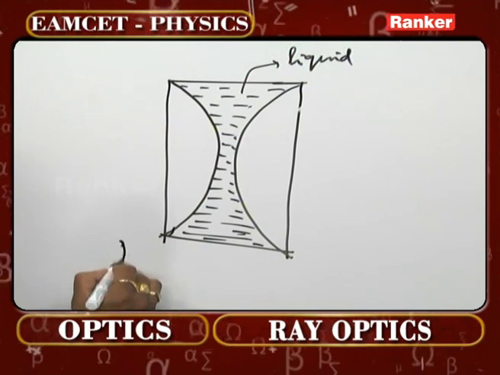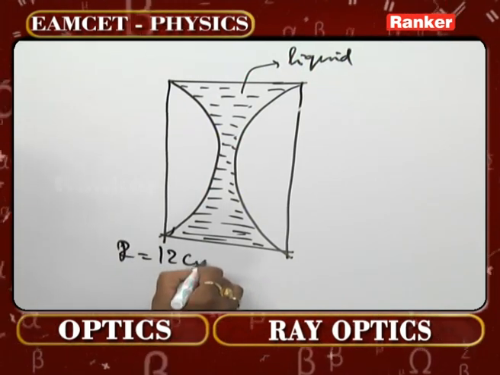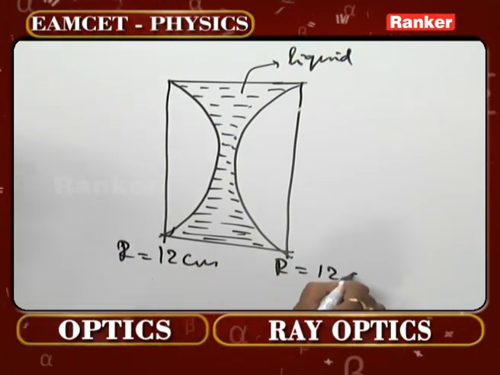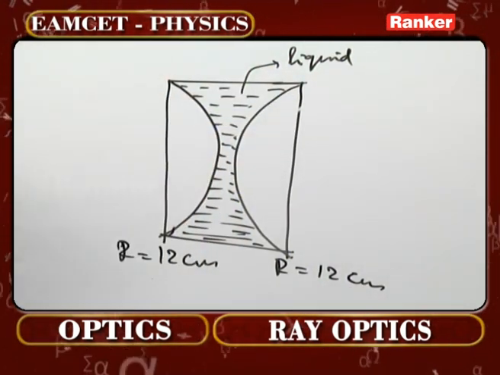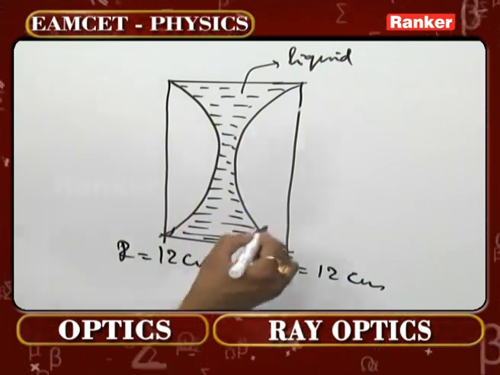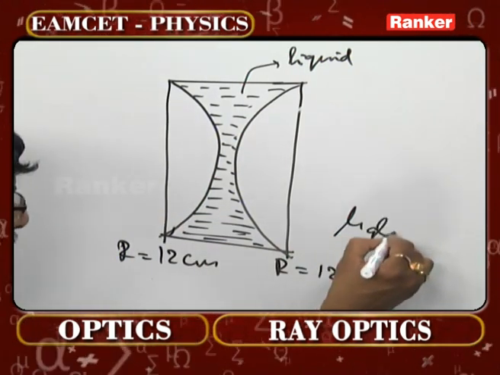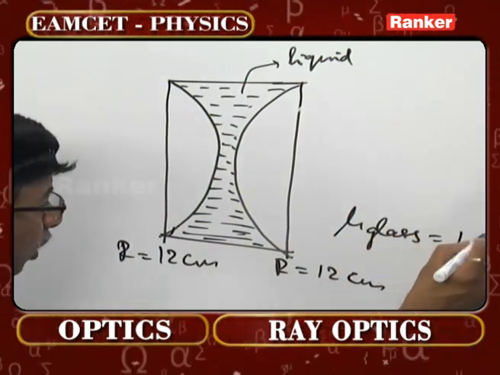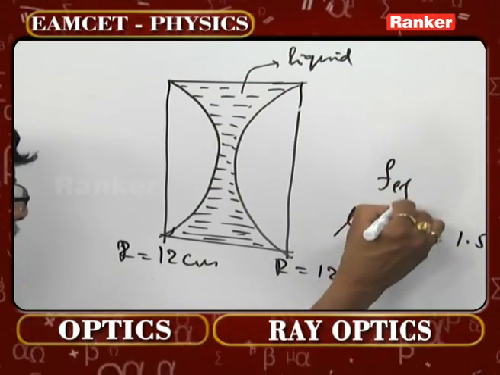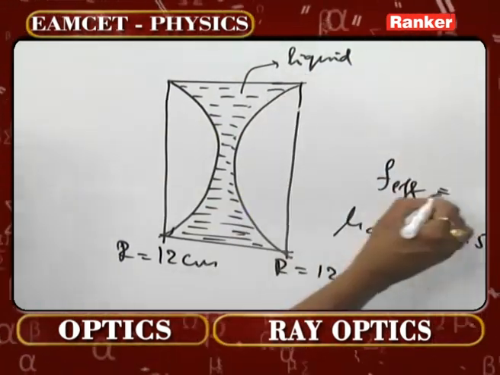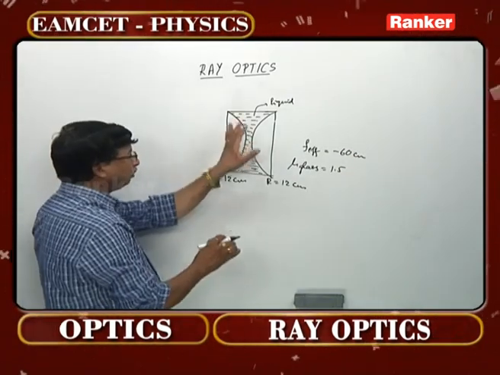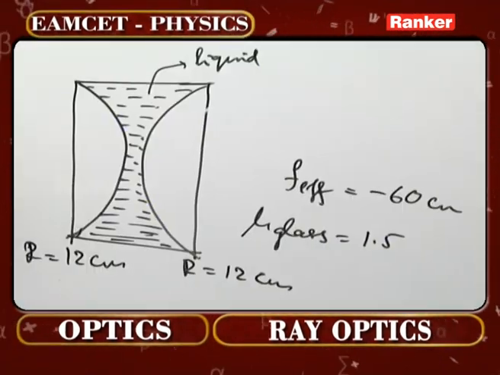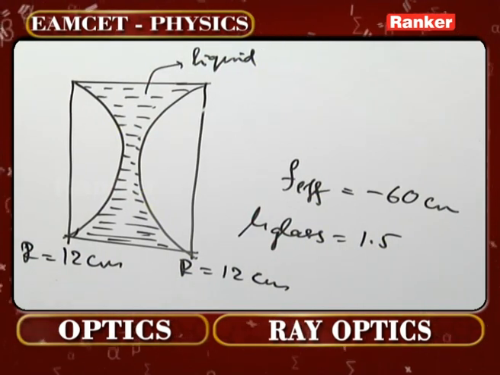The refractive index of glass is given as 1.5, and the effective focal length of this entire system is given as minus 60 centimeter. This is the total description one should remember before tackling this problem.